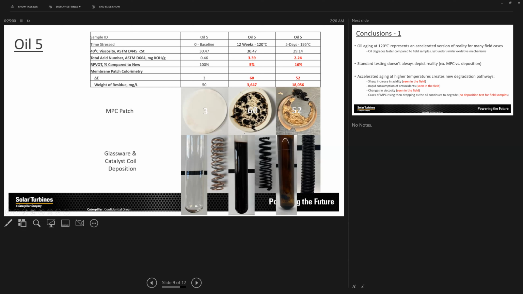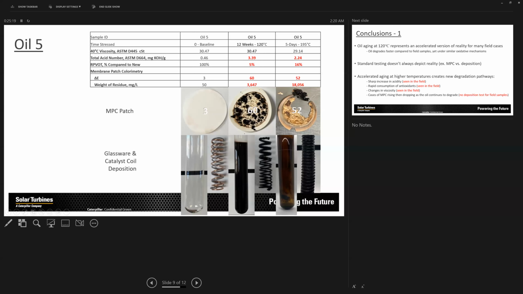In both cases, we see the antioxidants are virtually all gone. And we see the delta E at very high levels. However, how accurate the MPC is when you have a patch that looks like the two in the picture here, it would be hard, I think, to focus on.